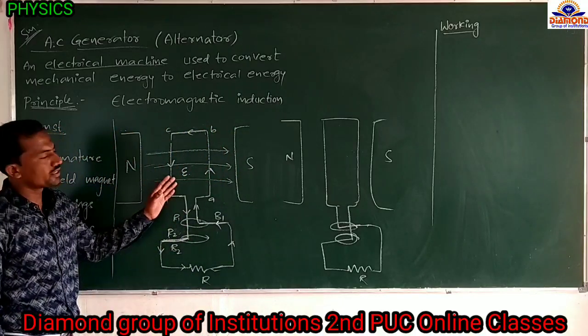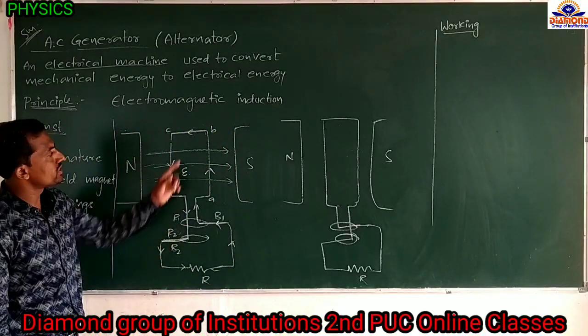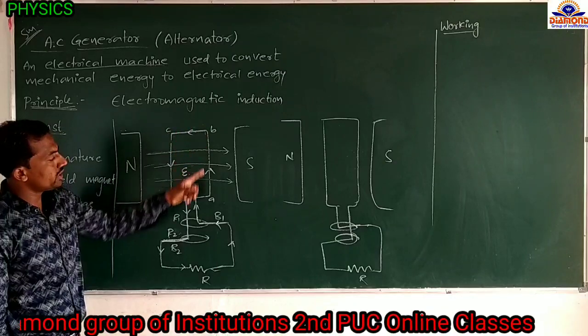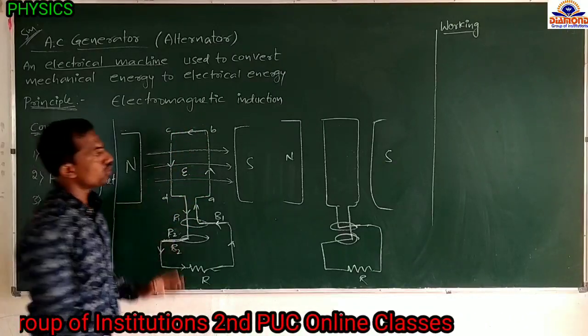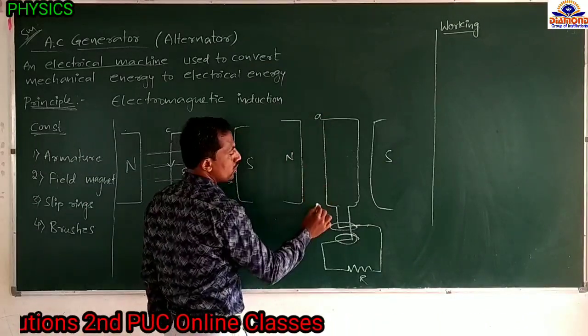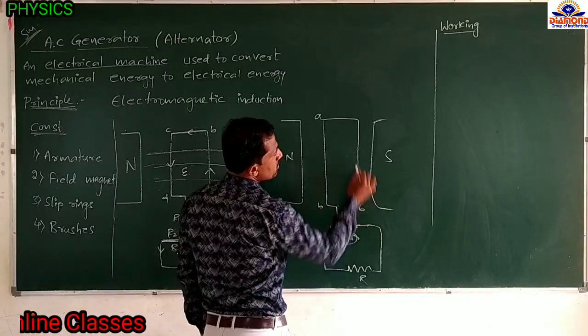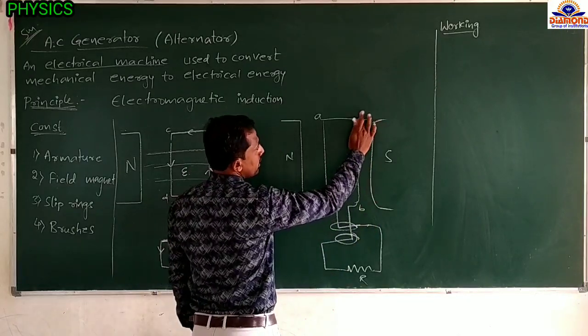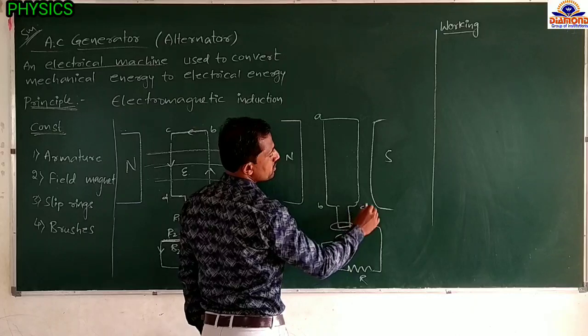After half rotation, AD goes to the downward side, AD goes down and BC comes above.